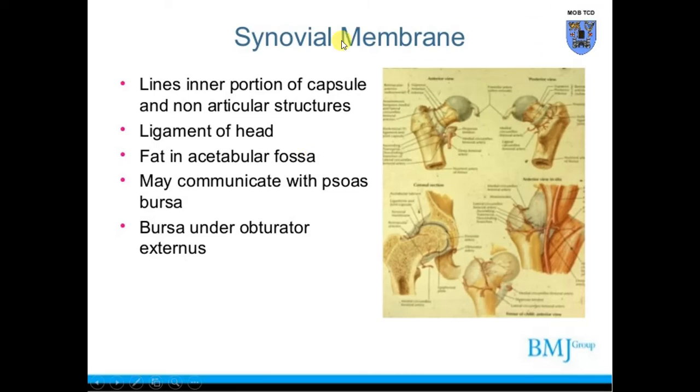Obviously, it is common sense that it will line the inner surface of the capsule and non-articular surface of the joint, and also the ligament of the head, we have seen that it will cover that ligament and communicate with the psoas bursa and bursa under the obturator externus muscle.